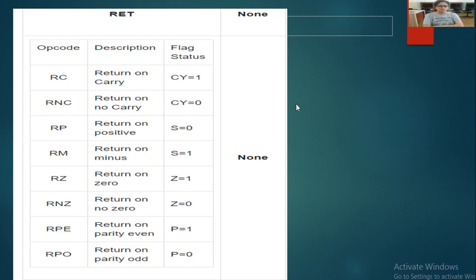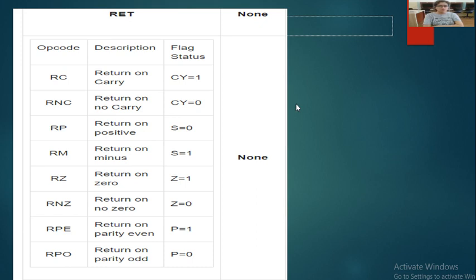Next instruction is RZ. Z stands for 0. Return if there is 0. Return if the answer is 0. So if the answer is 0, the value of the Z flag remains 1. Next instruction is RNZ. Return if there is no 0. Return on non-zero, and in that case the value of the Z flag remains 0.